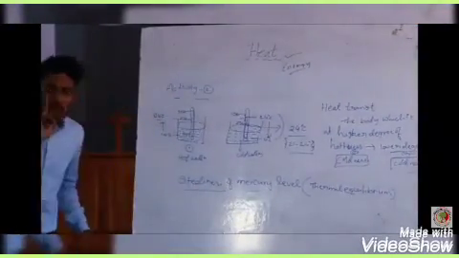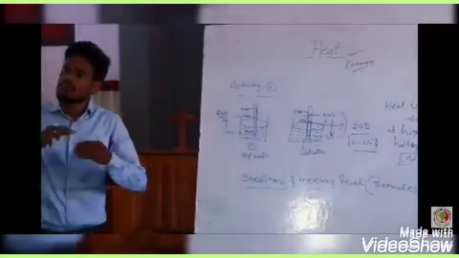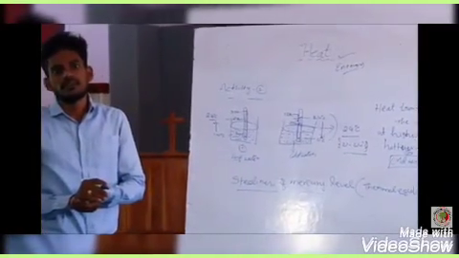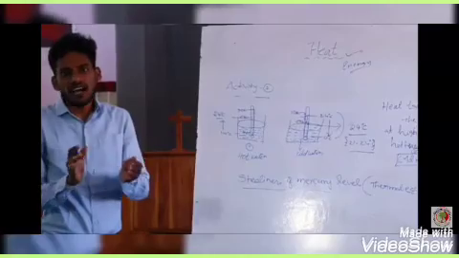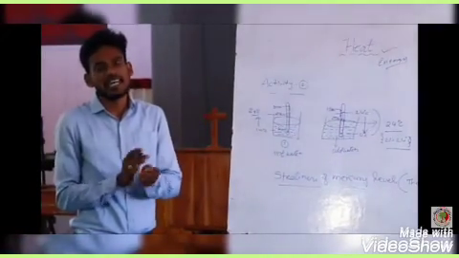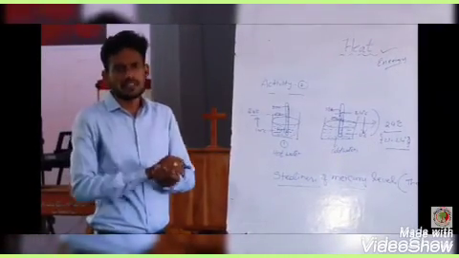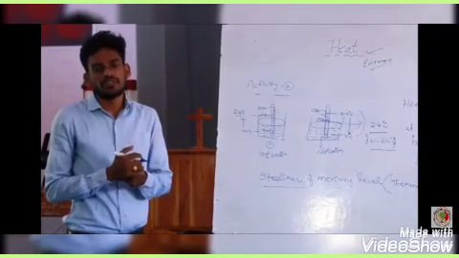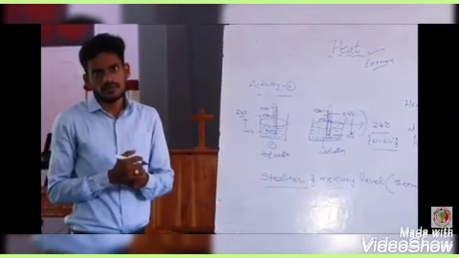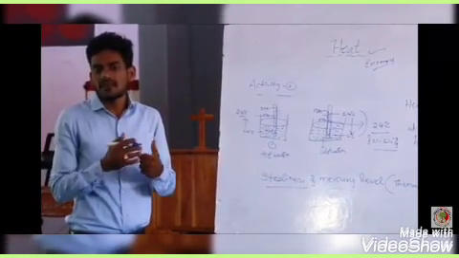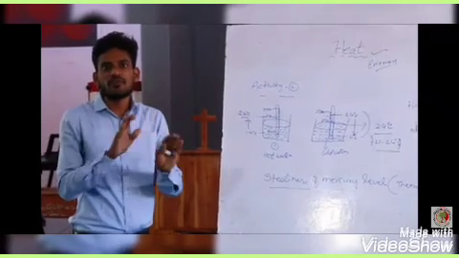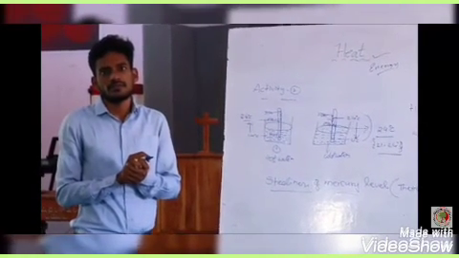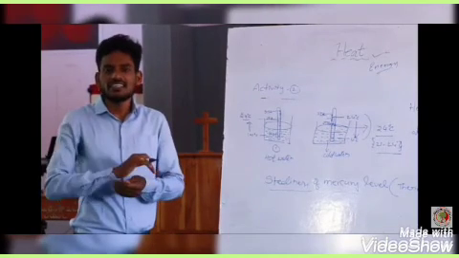Steadiness means stable, never goes up and never goes down. That means the mercury got steadiness, thermal equilibrium. That means the two bodies are at the same temperature. When two bodies are at the same temperature, heat never flows. You can't determine the heat flow direction.